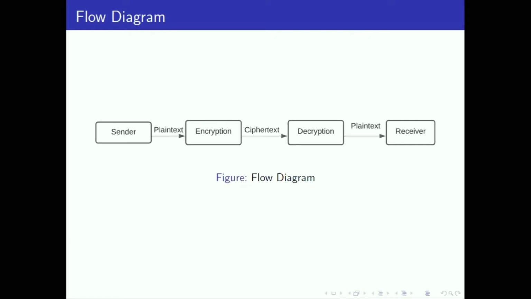Since the ciphertext is not readable by the receiver, we use a decryption algorithm to decrypt it. The decryption algorithm takes ciphertext as input and produces plain text which the receiver can read. So this is the flow of the encryption and decryption procedure with the users.